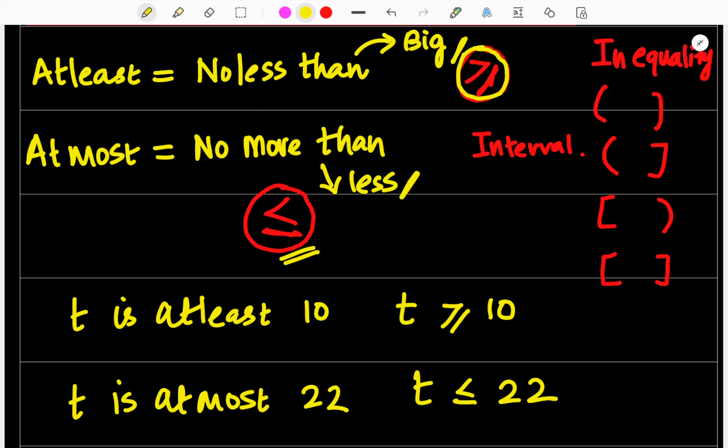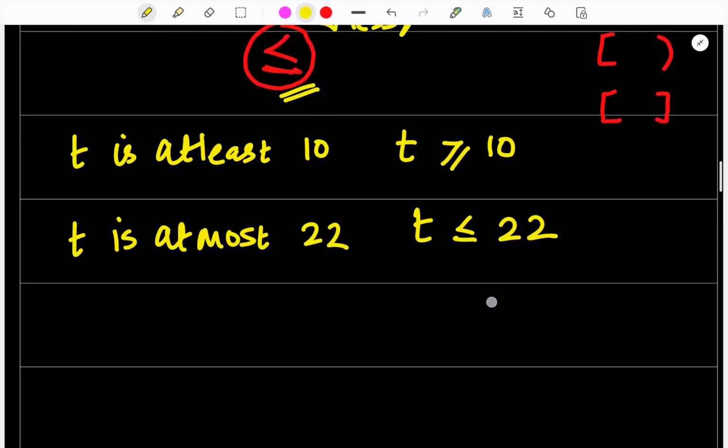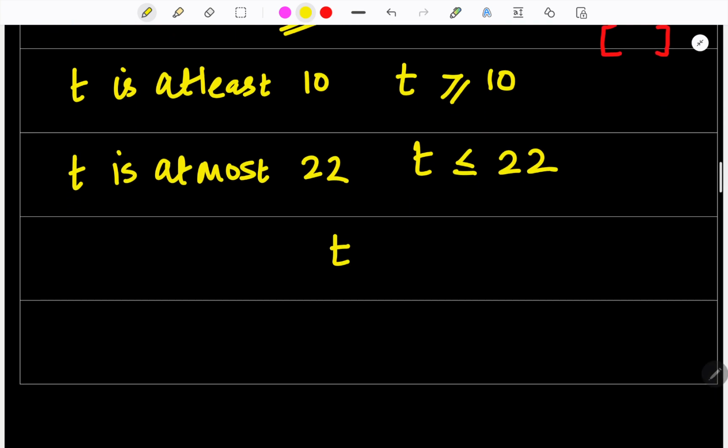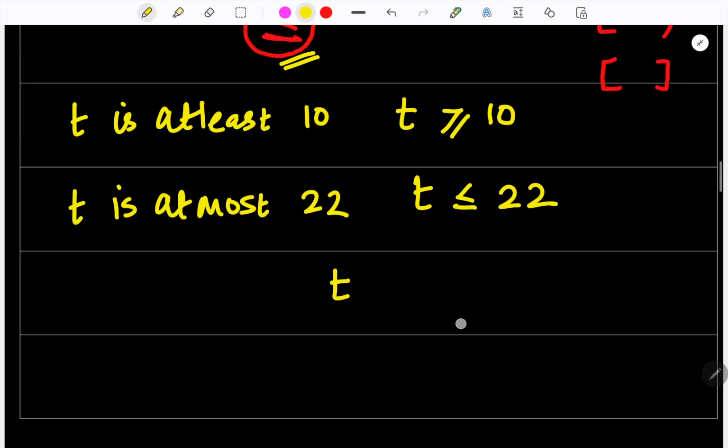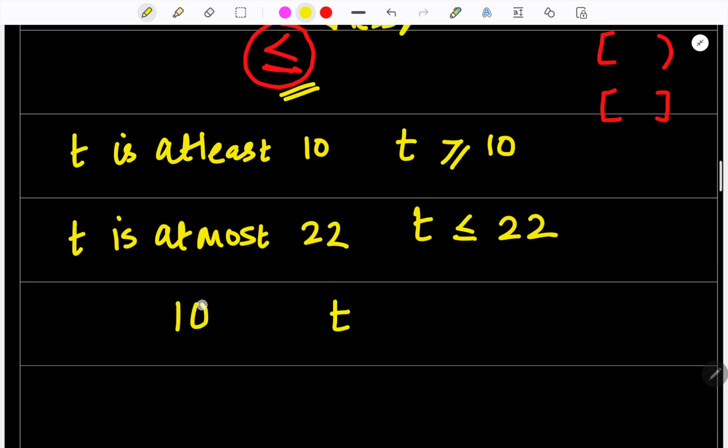But you have to write it in one inequality. So what should I do? I should put t in the middle. Then I put the lesser number this side, 22 this side, the bigger number. Now look here. This is called an open mouth.